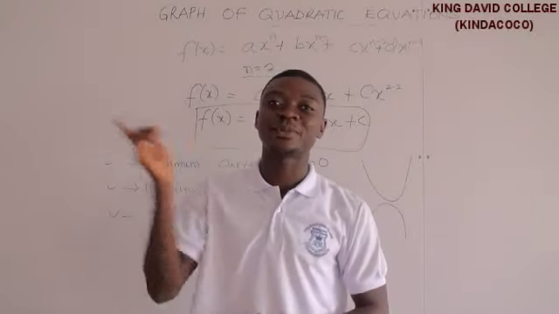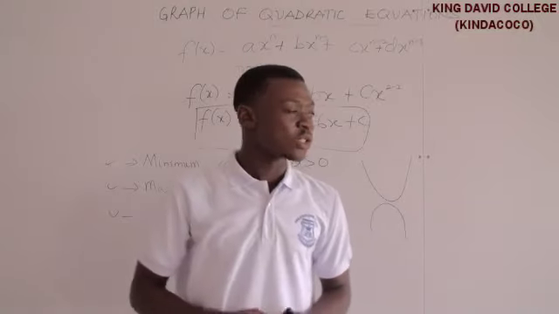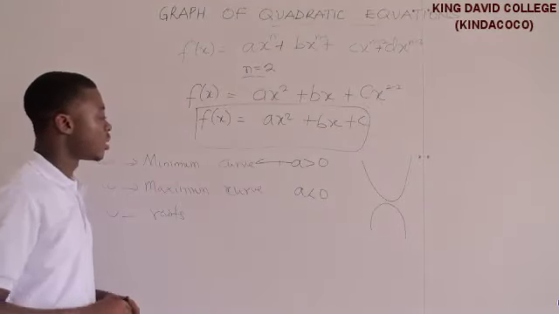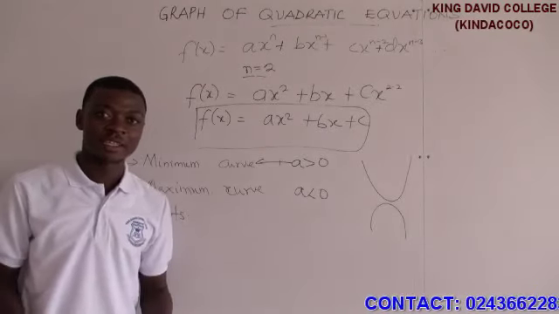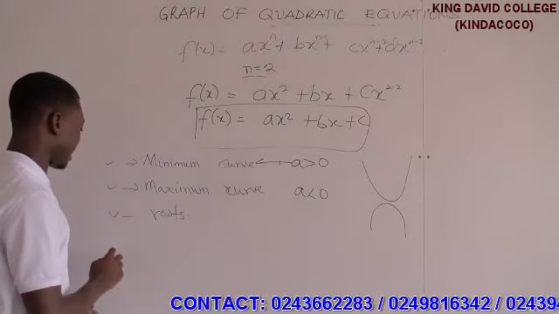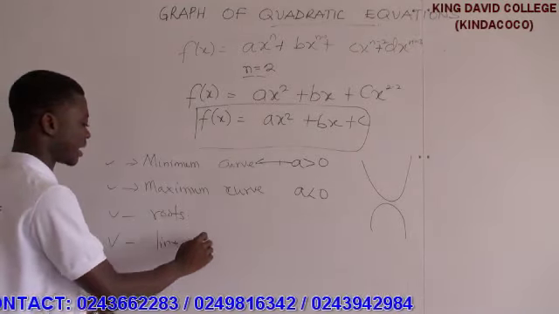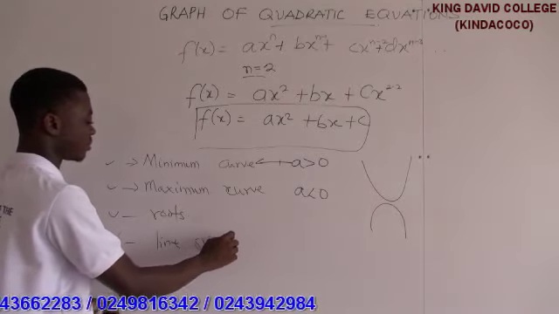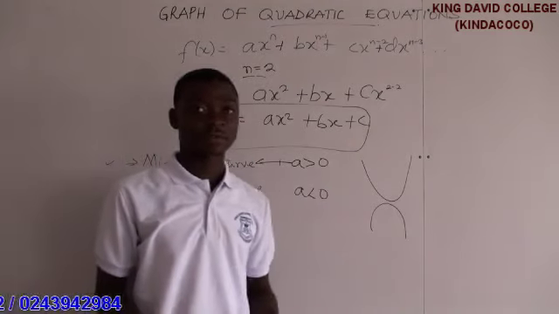It doesn't have multiple. So with this one, we're also going to identify graphically what a line of symmetry is. So we'll be looking at the line of symmetry too in this lesson.